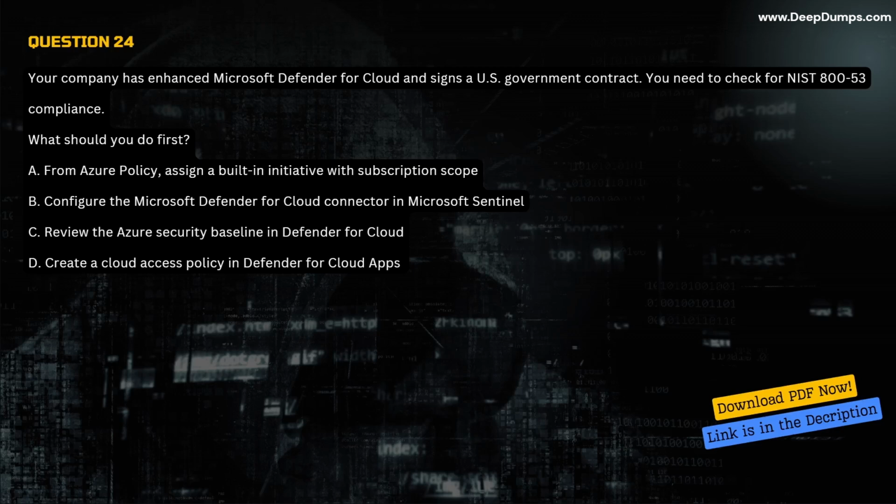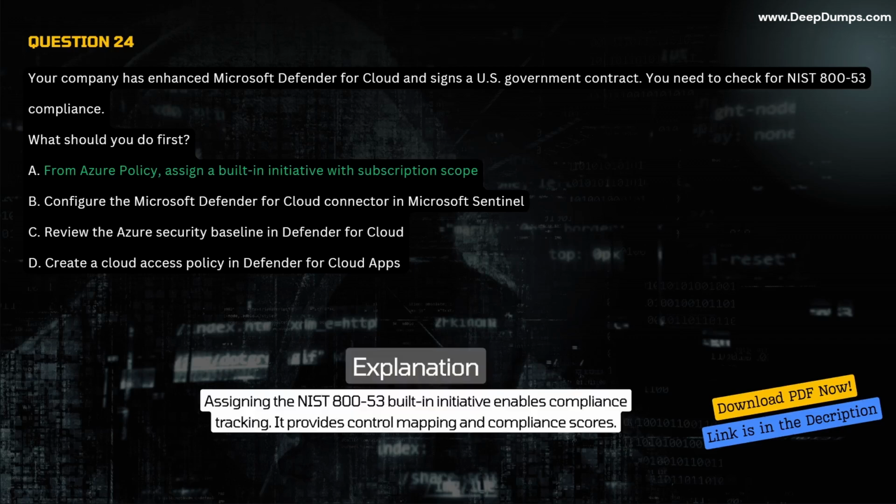C. Review the Azure Security Baseline in Defender for Cloud. D. Create a cloud access policy in Defender for Cloud Apps. Correct answer A. From Azure Policy, assign a built-in initiative with subscription scope. Explanation. Assigning the NIST 800-53 built-in initiative enables compliance tracking. It provides control mapping and compliance scores.